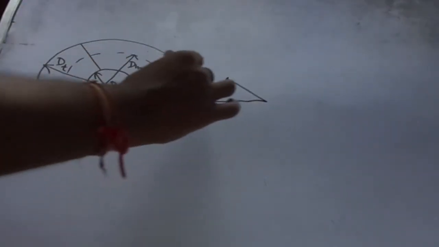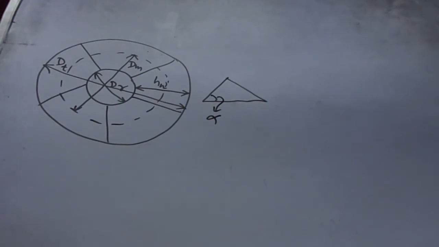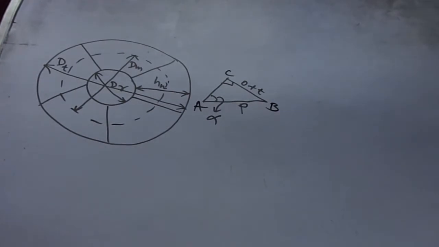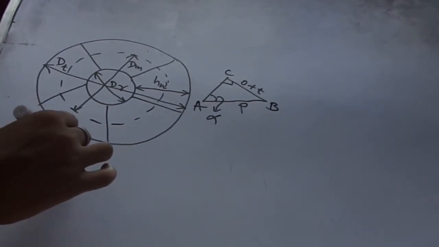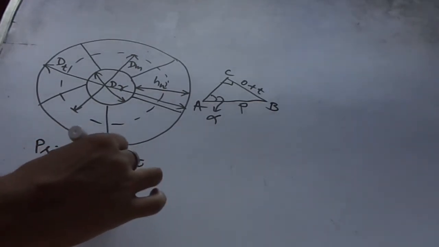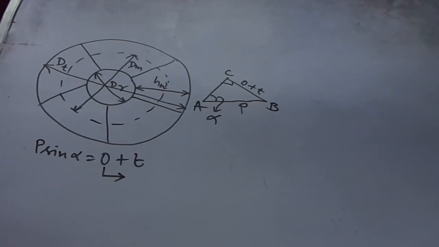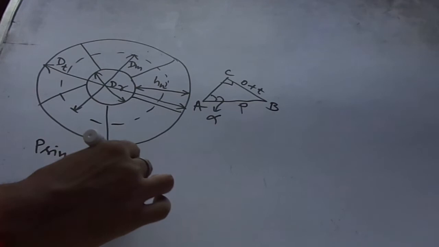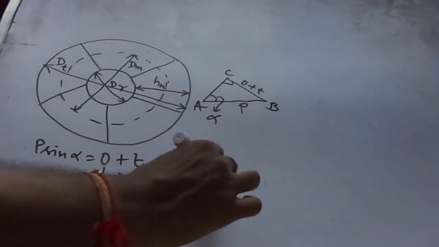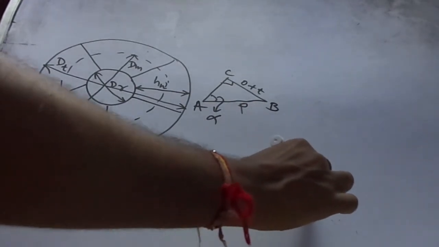If you draw the triangle ABC, this one is alpha, this one is the 90-degree angle, and the sides are O plus t, and that is P. So P sin alpha is equal to O plus t, where O is the width of the flow passage.